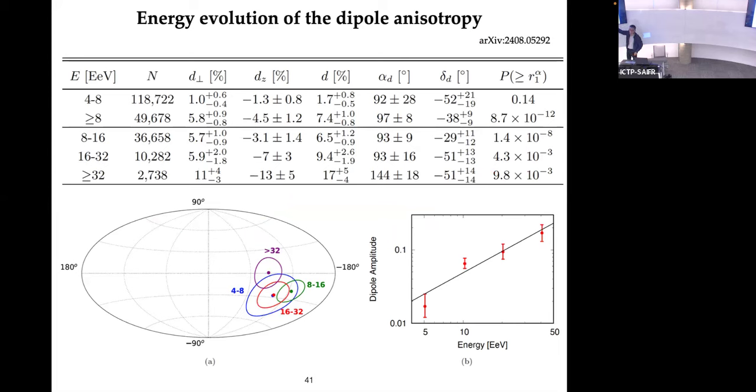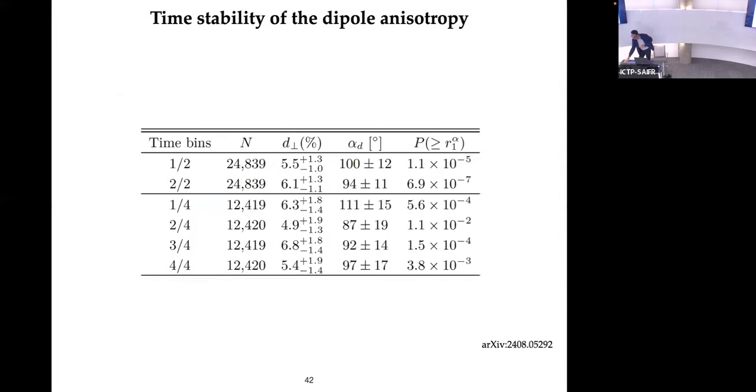It increases with the energy, and that's consistent with what we would expect if the magnetic deflections are becoming smaller and smaller, because as the energy goes higher, the deflections in the magnetic field get smaller, so you start to correlate better your arrival direction with the direction of the source. And we expect that in this very simple situation, the amplitude will increase with energy, just because the magnetic rigidity is increasing. The direction fluctuates in that region, and that's it.